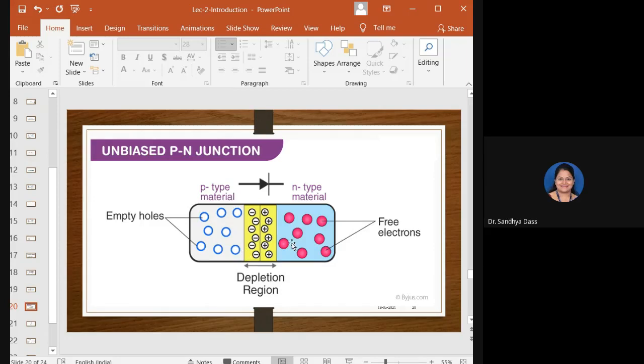The diffusion of electrons and holes is due to the fact that a large number of electrons are concentrated in one area and a large number of holes are concentrated in another area, right? When these holes and electrons begin to diffuse across the junction, they collide with each other, and the negative charge of the electrons cancels the positive charge of the holes, and both lose their charges.